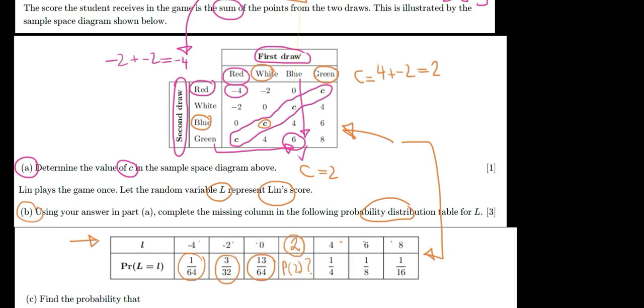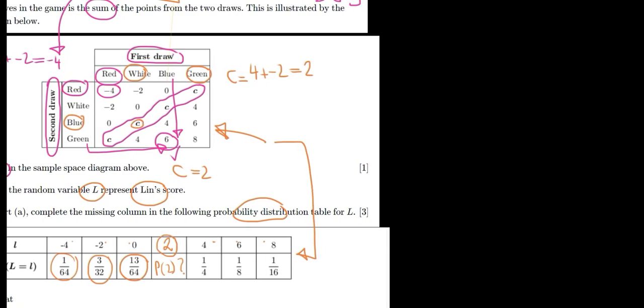Okay, how do we do that? Well, let's see. To find the probability of getting a 2, I'm going to solve it over here so I can see my sample space diagram to make use of it. I know that the combinations for that would be to have green and red, so I'm going to write probability of having green and red plus the probability of having red and green, so the same thing but swapped. That's for this one.